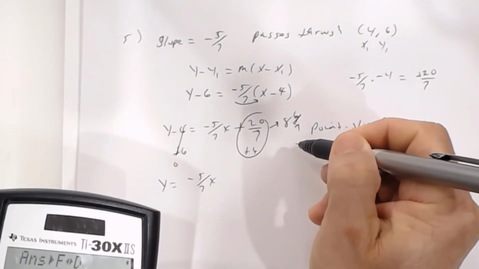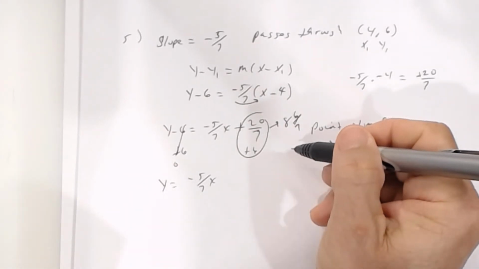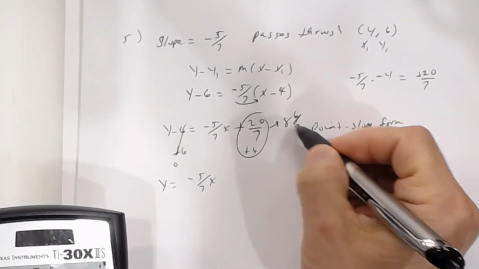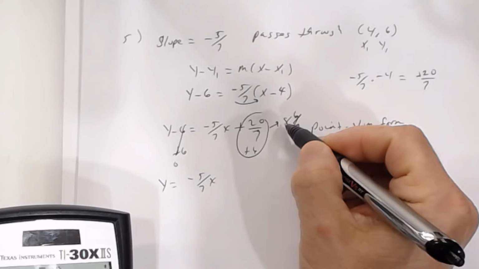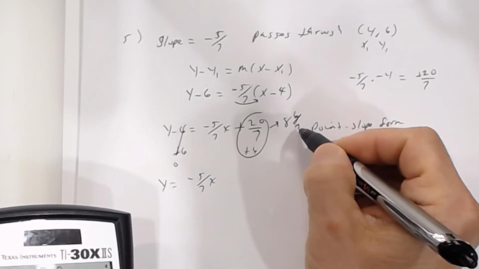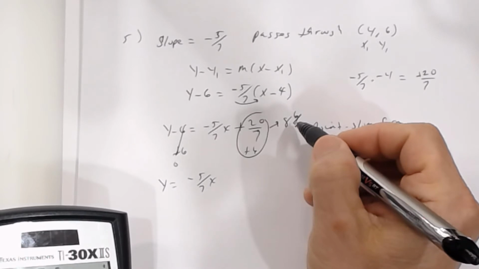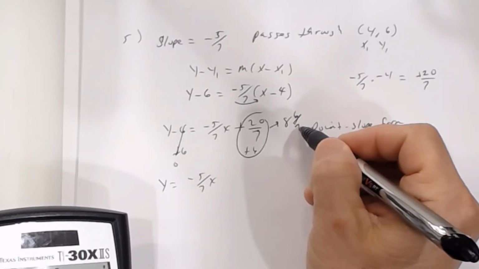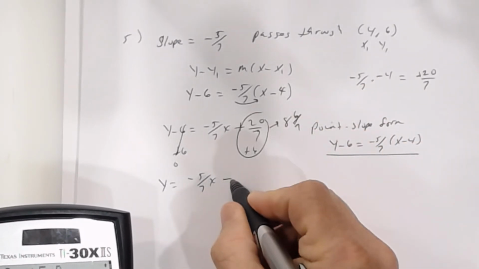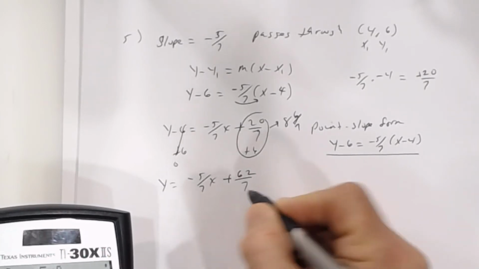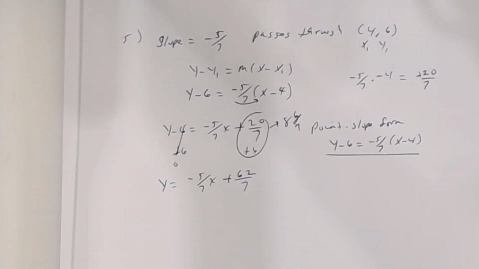But don't leave it as a mixed number. You need to rewrite it back as an improper fraction. So what's 8 times 7? 56. And what's 56 plus 6? 62? All right. And there's your answer.